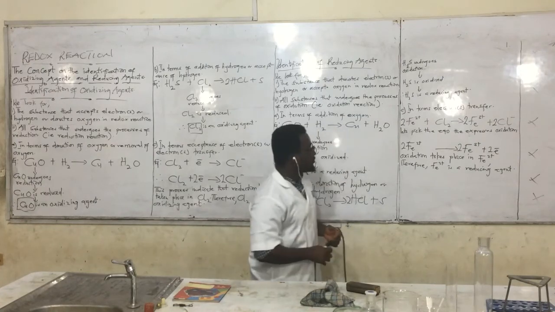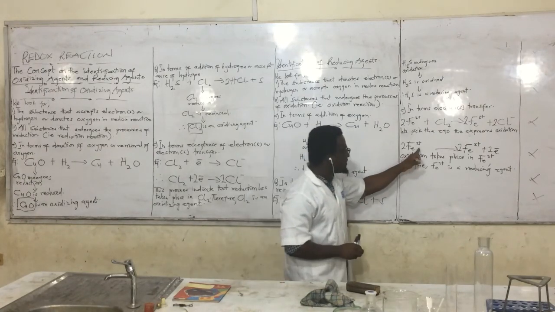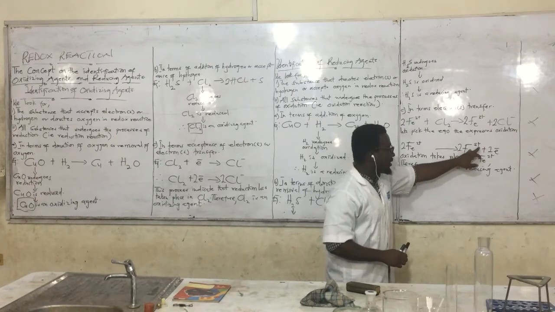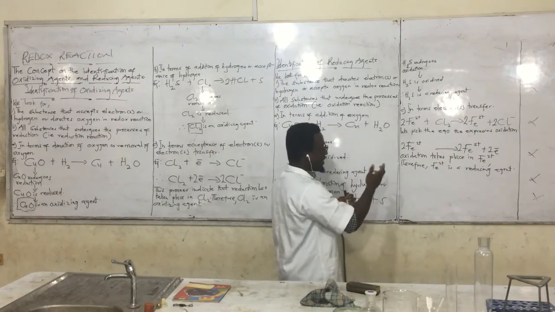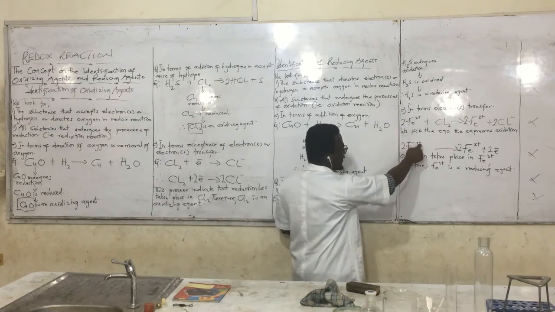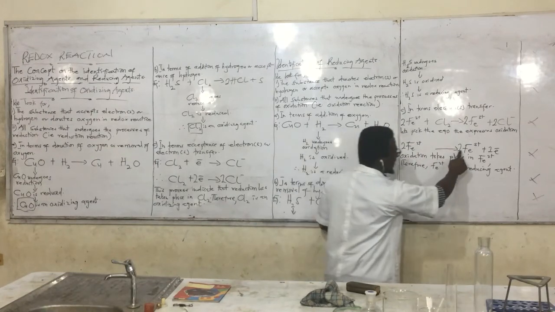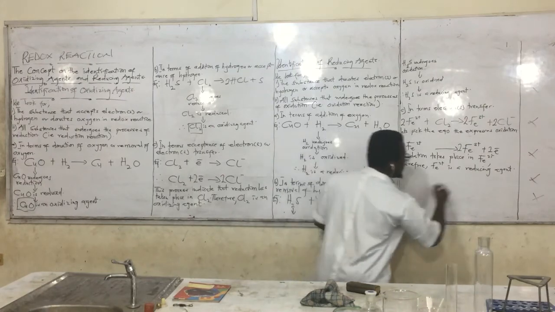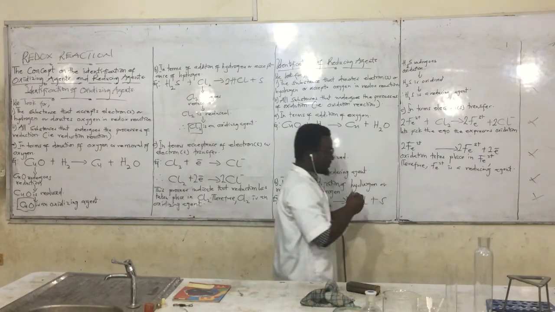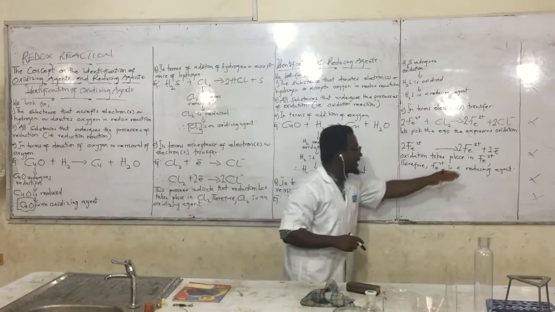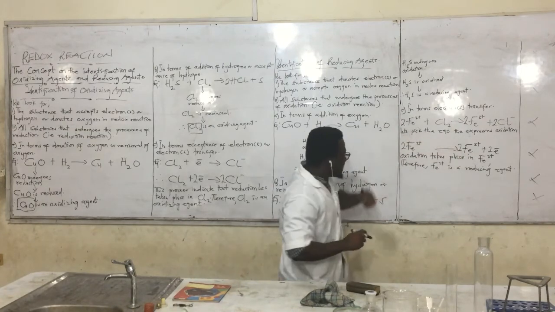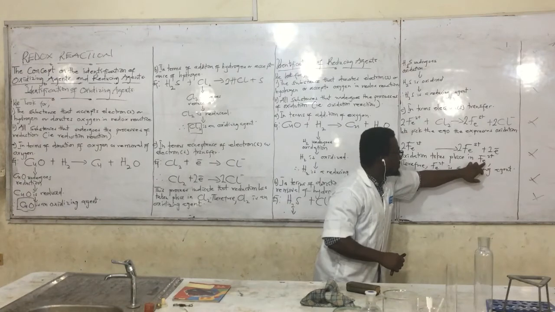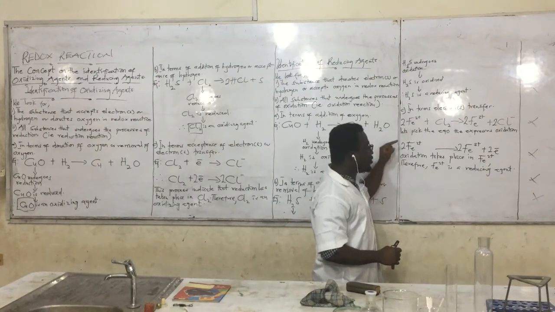So the iron 2 ion loses one electron and then becomes iron 3 ion. So we balanced it with 2. Here we have a charge of 4, and in this case the charge is 4. Now oxidation takes place in the iron 2 ion when it loses an electron.